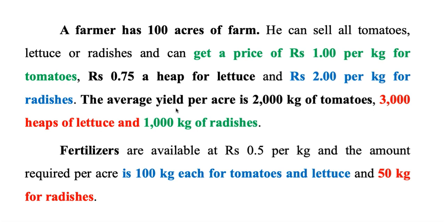Now if we see, the average yield per acre is 2000 kg for tomatoes, 3000 heaps of lettuce, and 1000 kg of radish.